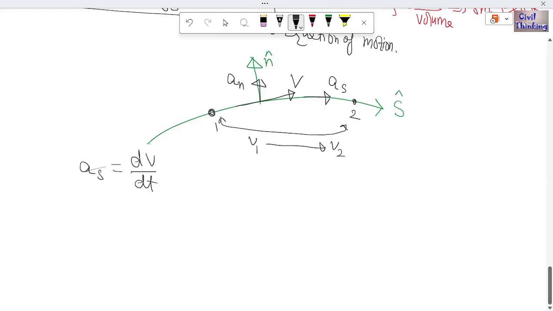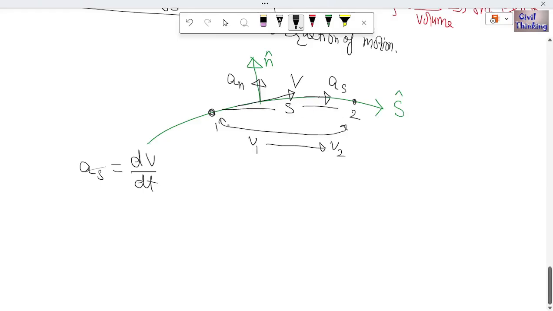So we have a change in velocity along the position, and because this is the streamline, we will call this position S along the streamline.